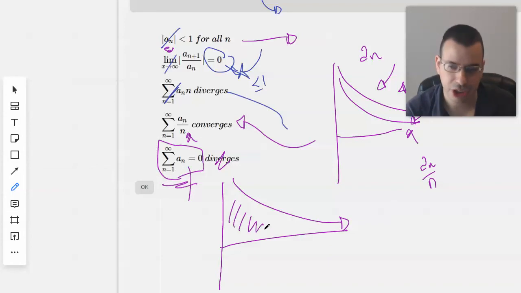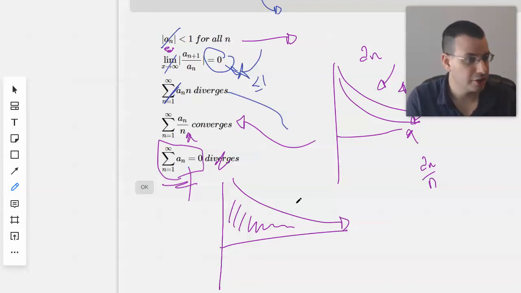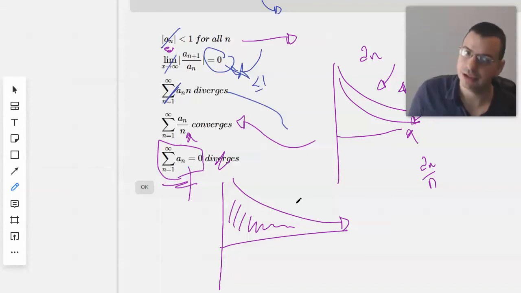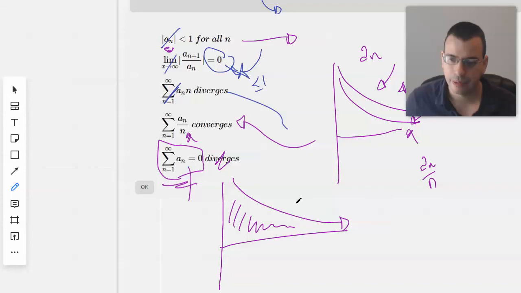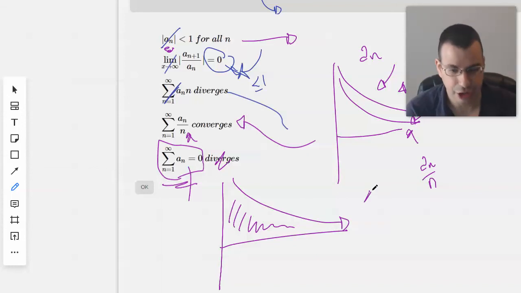So the summation will not equal 0. Just because a series converges, it does not equal 0. It converges to a number. That number can be 0, but it can also be like 2 or 10 or anything less than infinity, or greater than negative infinity. But the last term will have to be 0.